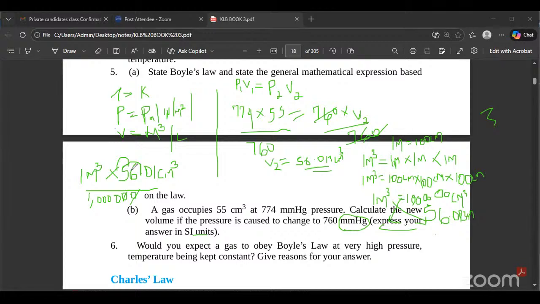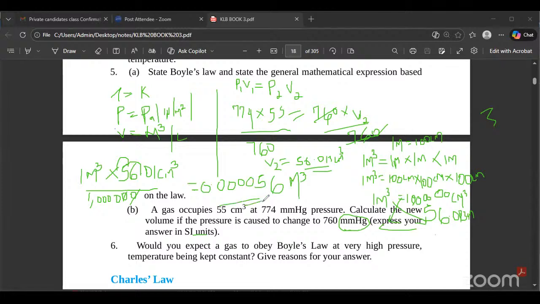But I will advise that if you are not very sure what you are doing, use the calculator so that you get your answer to be 0 point, then you count the zeros now. 1, 2, 3, 4. So you put 0.000 0, and you count another 0, 56 meters cube. Unless there is a query.